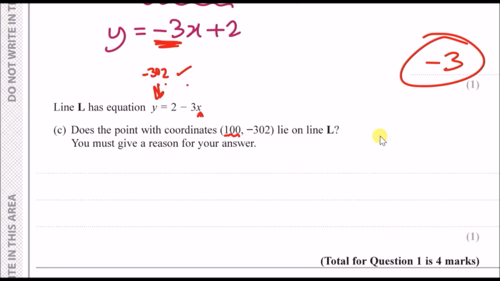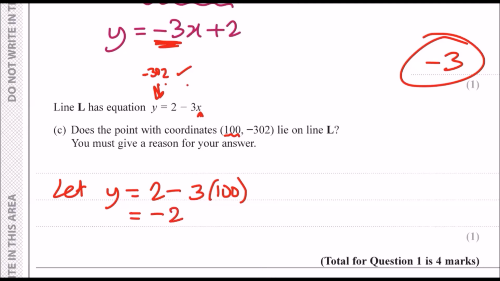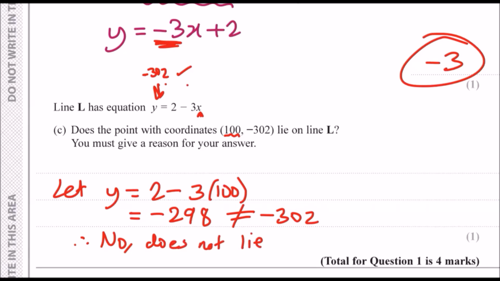Let y equal 2 minus 3 times 100. If you put this in the calculator, you should get a result of minus 298. So no, it doesn't equal minus 302. Therefore, the answer is no, it does not lie on line L. And that's it, not much to it.